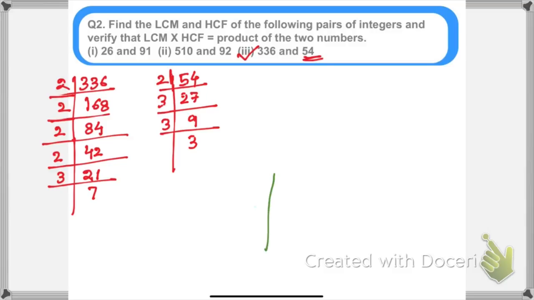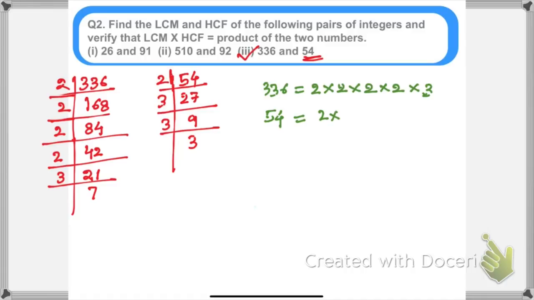So here you can write that 336 is equal to 2 into 2 into 2 into 2 into 3, and 54 is equal to 2 into 3 into 3 into 3.